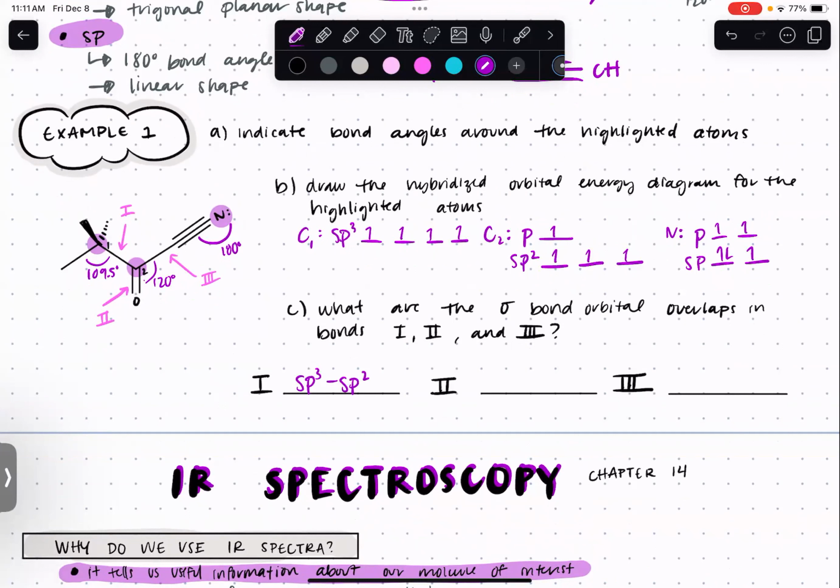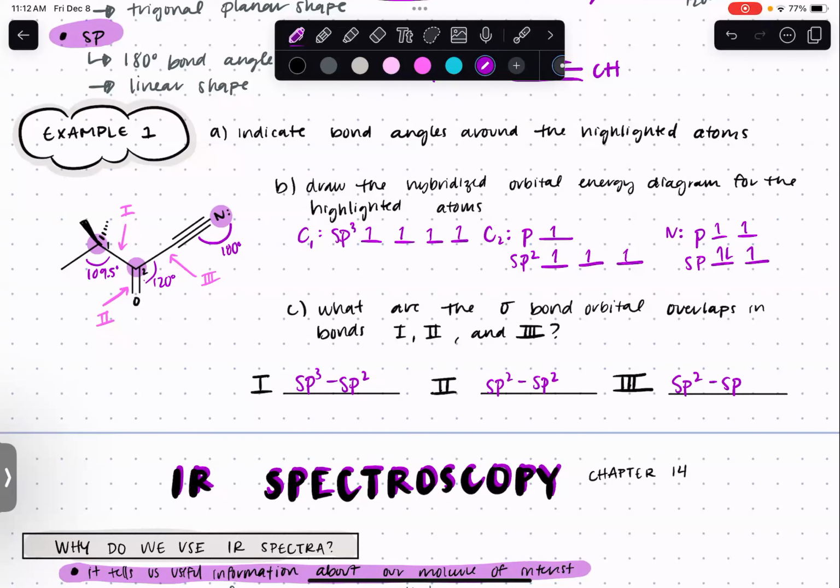With 2, what would that overlap be? Yep, sp2, sp2. And then with 3, what would that overlap be? sp2, sp. Yep, perfect.